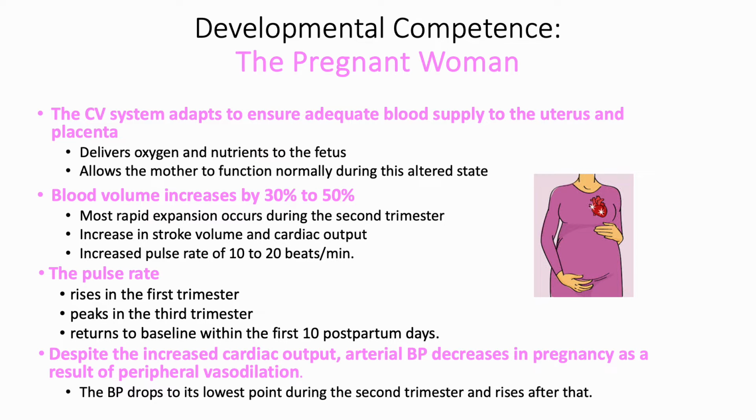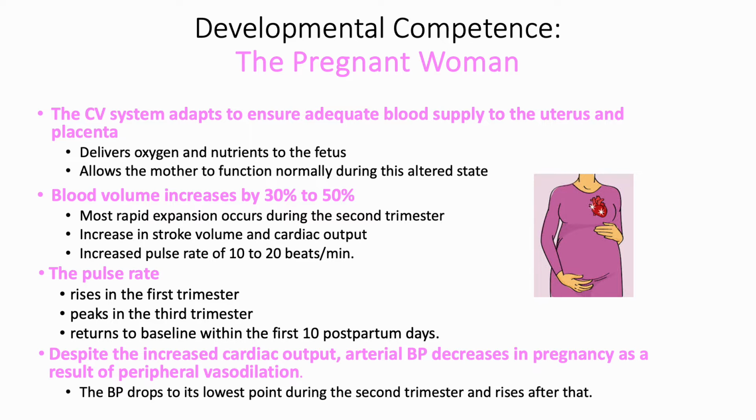This will increase your patient's pulse rate by about 10 to 20 beats per minute. The pulse rate will rise during the first trimester, eventually peak in the third trimester, and return completely to baseline around 10 days postpartum.